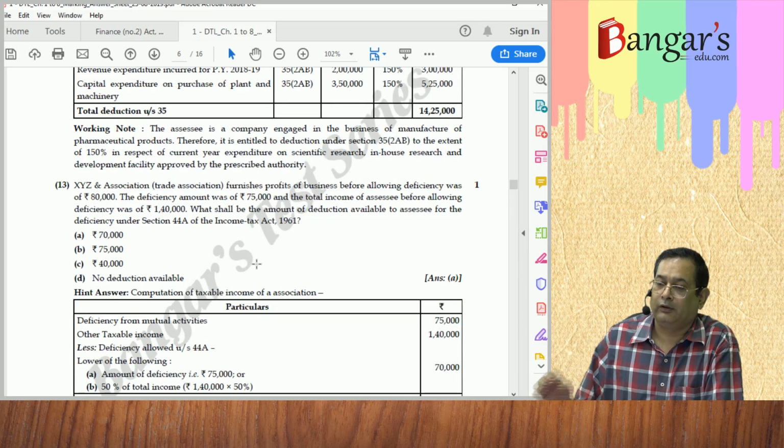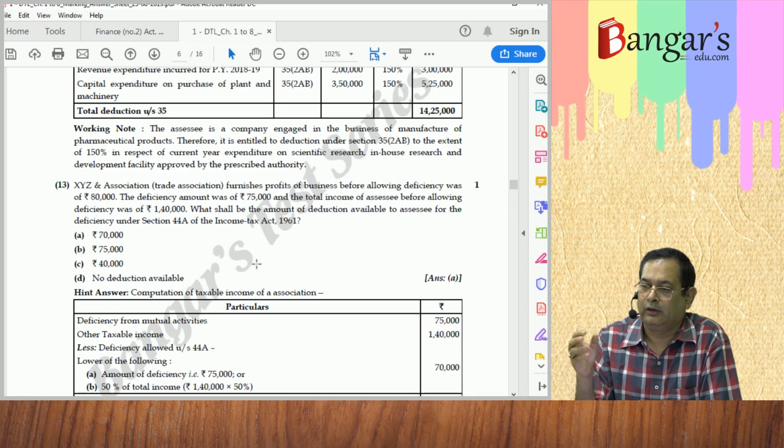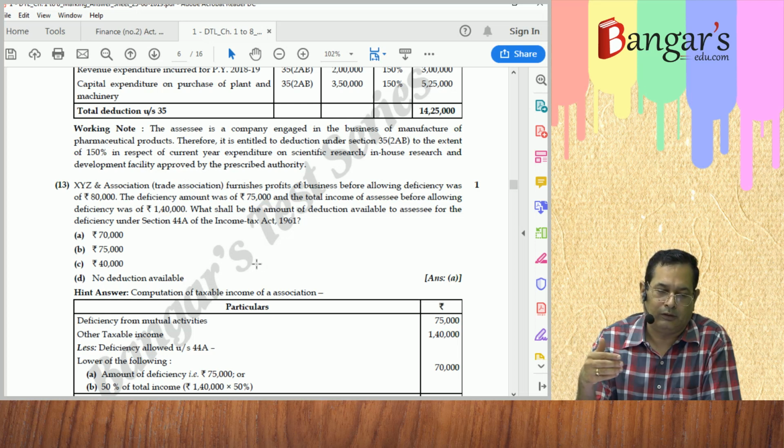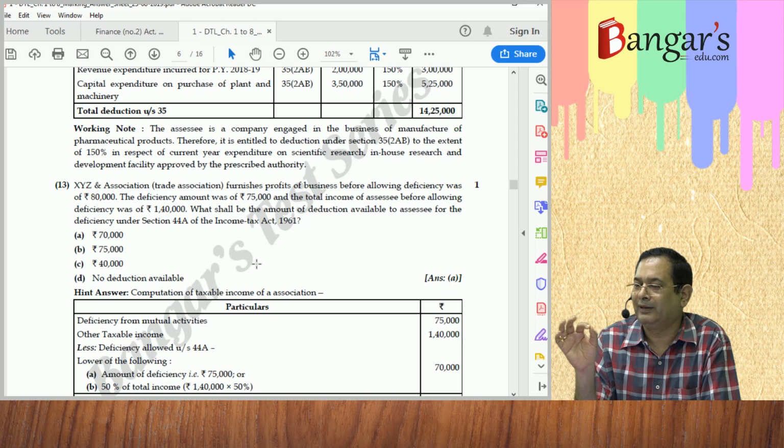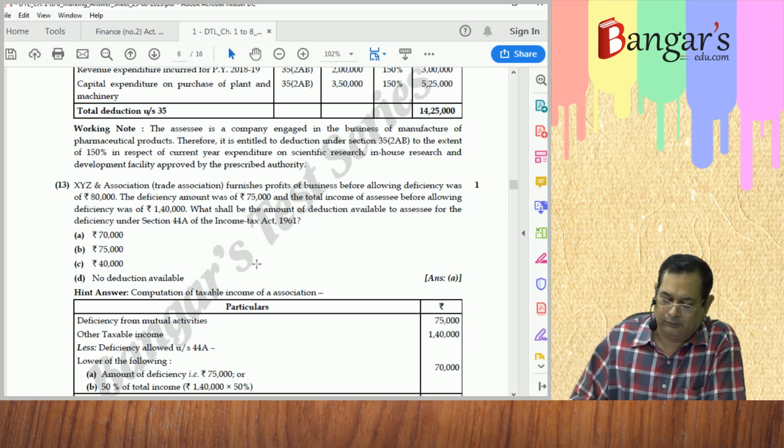Then in case a trade association is there, as per the provisions of section 44A, it will be allowed deduction on account of expenditure which has been incurred for members. And the maximum amount of deduction that will be allowed is, if the general expenditure incurred exceeds the receipts, then there's a deficiency. The deficiency will be allowed to the extent of 50% of total income before allowing such deficiency.